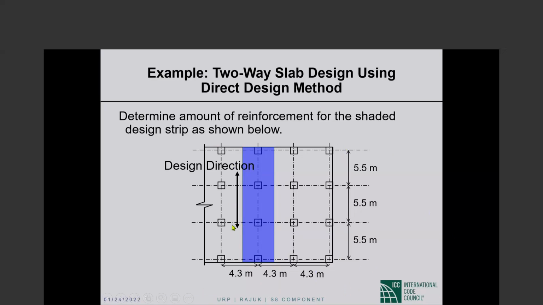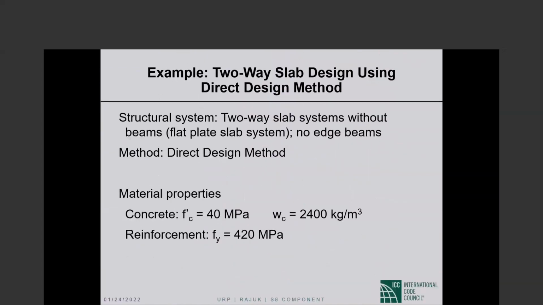We will design the blue slab strip running in the up and down direction, which is the direction of analysis. The strip in blue is what we will design, centered on an interior column line.